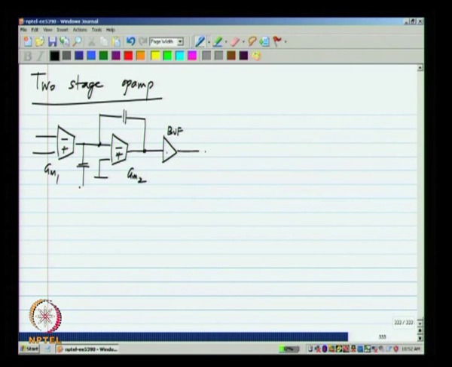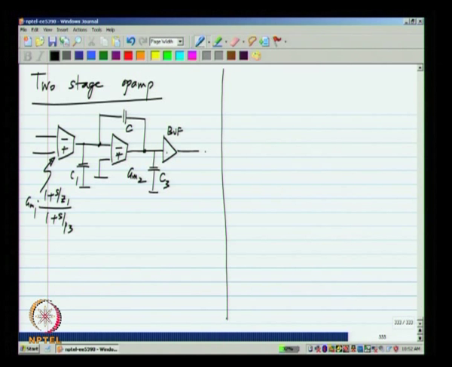We also have parasitic capacitances here and there. Let me just call it C3 and this is C. Now, this GM1 we know is not a memoryless GM1, but it has a pole and a 0. Okay. These are the results that we have already derived for the 2-stage op amp. You can go back to those lectures and revise it if you wish to.